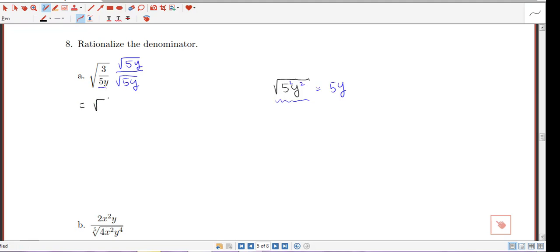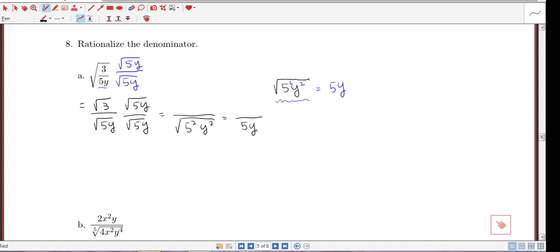First I could break up the square root like this, if you want to do it that way, that's fine. And then what did I multiply here by? Square root of 5y. Look at the bottom now. If I multiply this, do you see that I'm going to have 5 squared y squared? So the bottom is going to be just a 5y. No more radical.